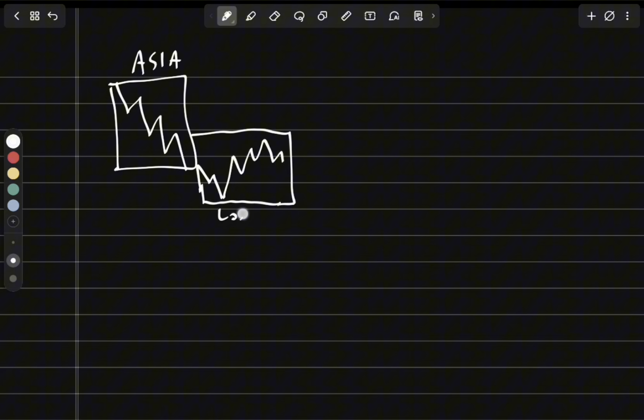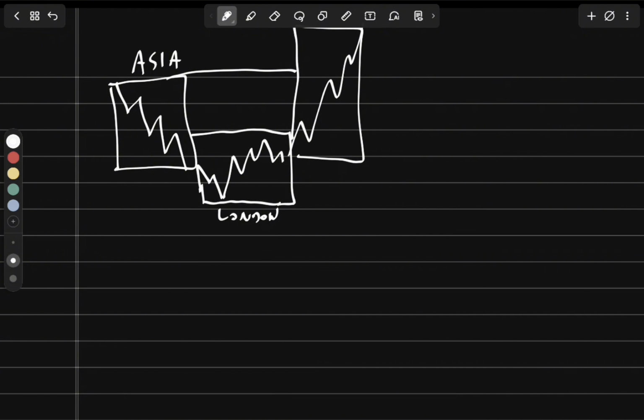So this is London. Just to set up a movement for a New York that's going to continue higher, grab this liquidity from Asia. So you can see that Asia's low was grabbed by London, Asia's high was grabbed by New York, and price continued in the opposite direction.